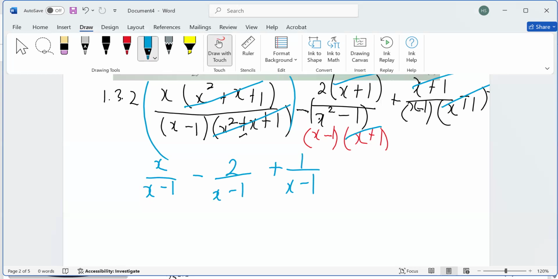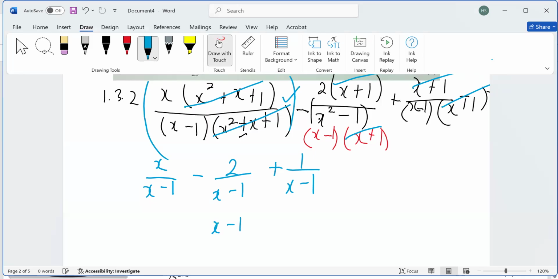So we give you 1 mark for doing this. How many marks? 4 marks for this. I'll give you a mark for factorizing this one. From then onwards, the denominators are the same. If the denominators are the same and you are adding or subtracting, you can simply add the numerators. Here we have x minus 1, x minus 1, x minus 1.